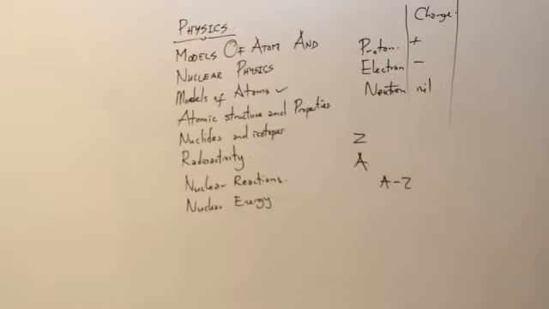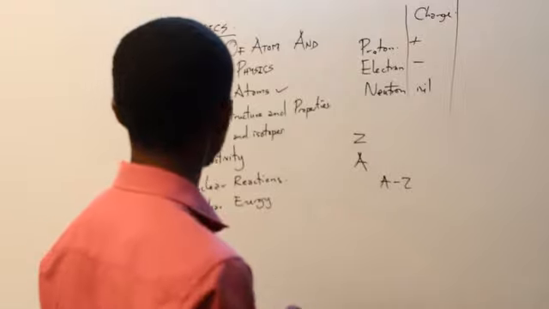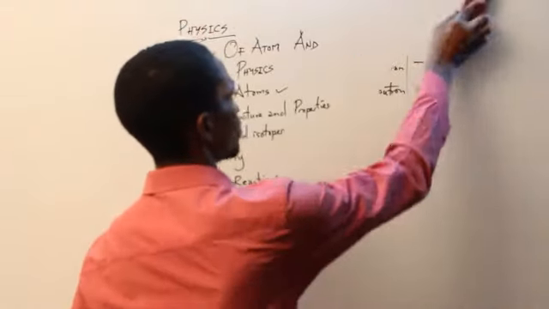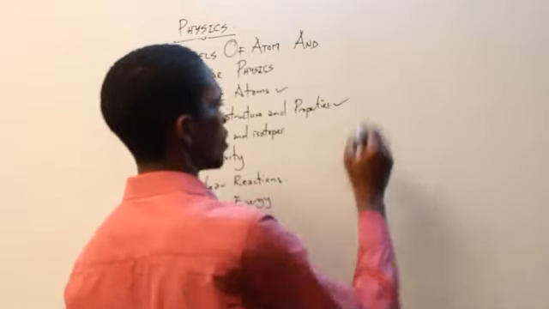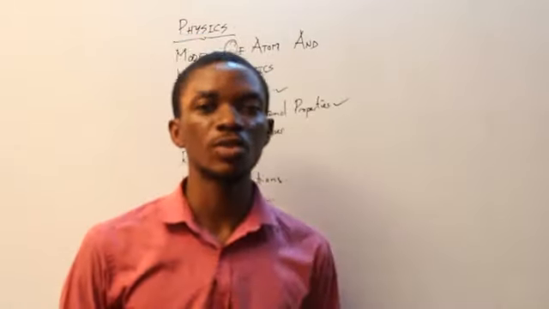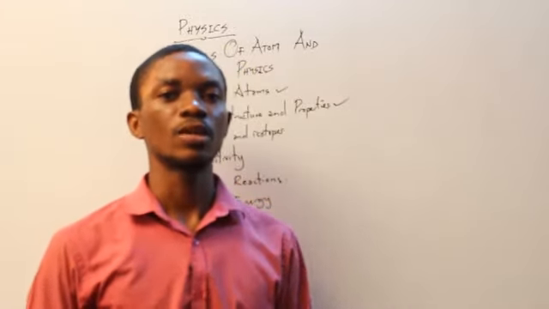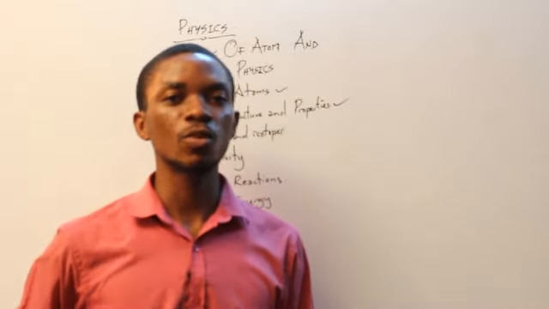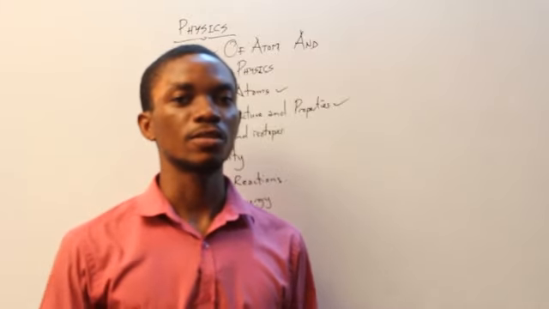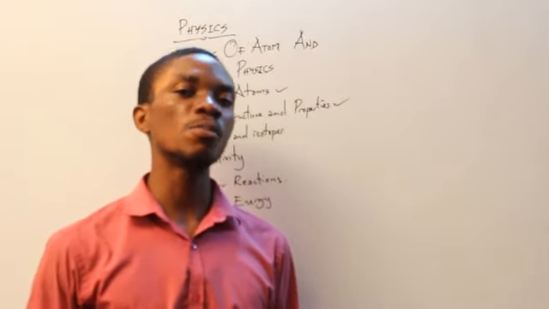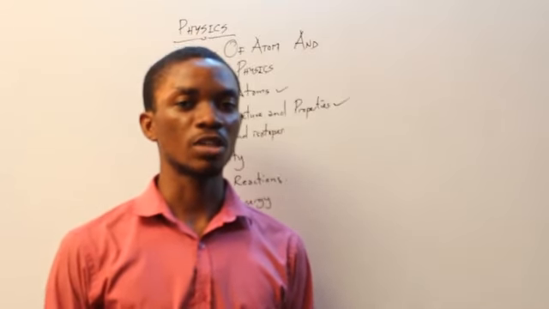Now, let's talk about nuclides and isotopes. When we say a particular element is an isotope of another element, it suggests that both of them have the same number of protons, but the number of neutrons contained in them differs from one to the other.